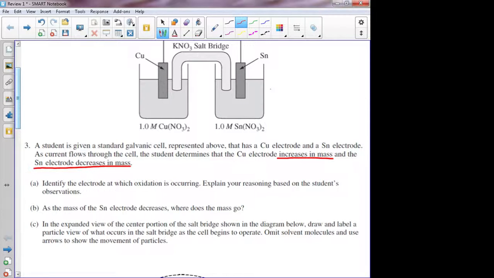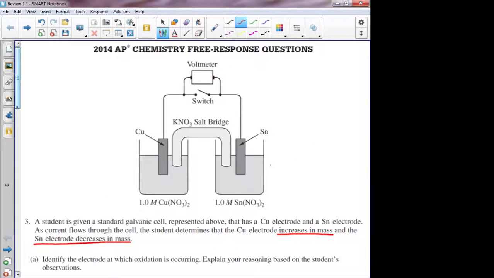Okay, so let's talk about this. Let's just look at this cell and break it down. I've got 1 molar tin 2 nitrate. How do I know it's tin 2? Because we uncrisscross to get the charges. That 2 means the tin is positive 2. Since there's not a subscript here, I know that nitrate's negative 1.